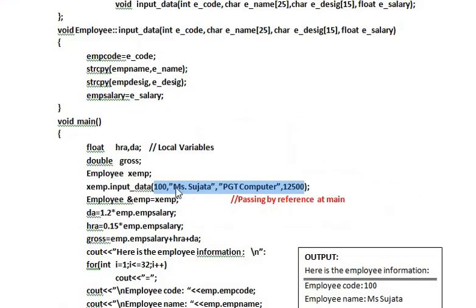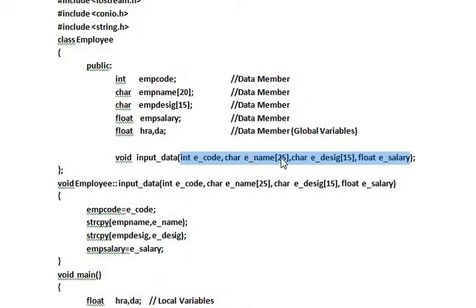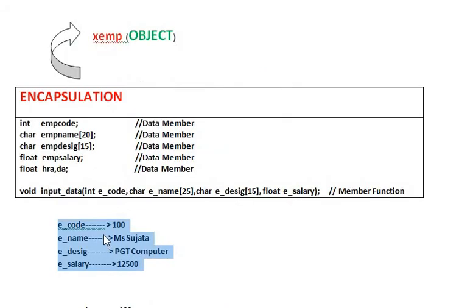So to put it simply, all these parameter values in the calling function of input_data shall be copied into all these parameters in the call function of input_data. As a result, we are going to have e_code as 100, e_name as Ms Sujata, e_desig as PGT computer, and e_salary as 12,500.